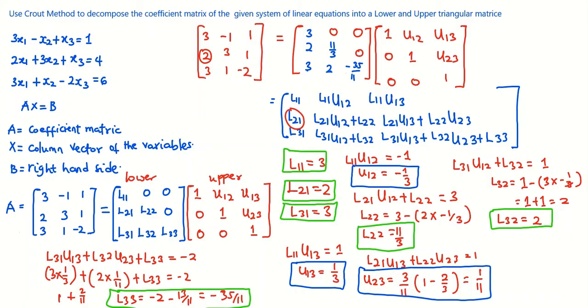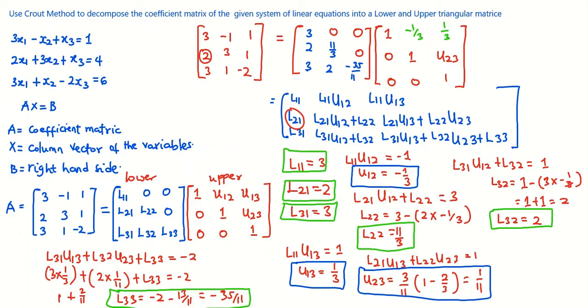For that one also, I have u12, which is minus 1 on 3. So let me clean this and then write the minus 1 on 3 here. And then we have u13, which is 1 on 3. So let me clean that also. That's 1 on 3. And then we have u23, which is 1 on 11, right?